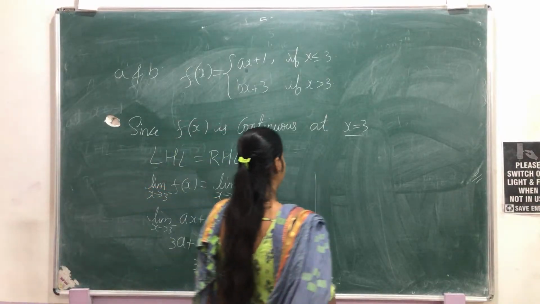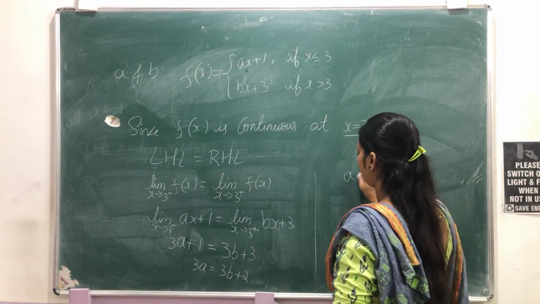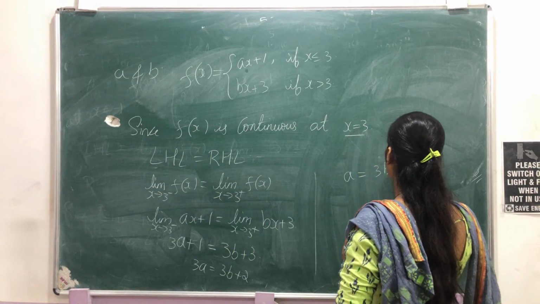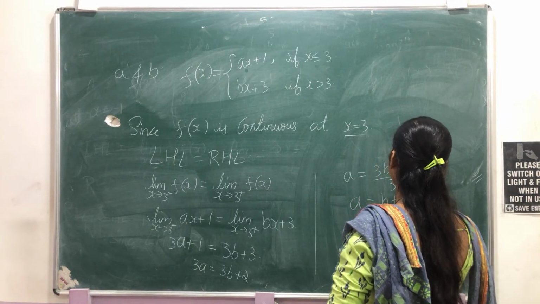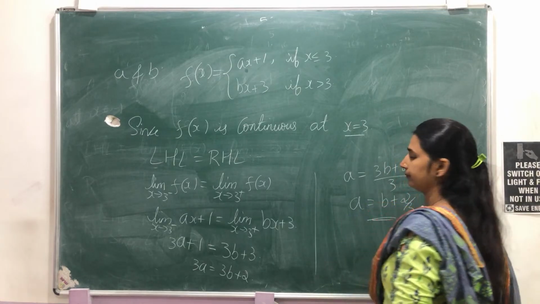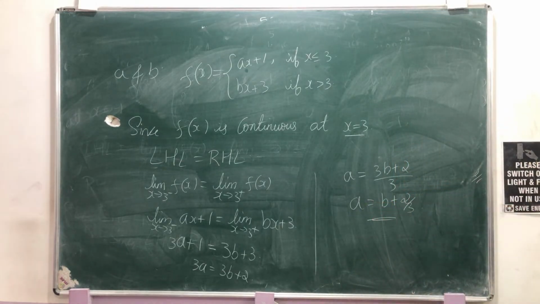What is a then? Everything will be divided by 3, so a equals 3b by 3, the 3 cancels, so b plus 2 by 3. How are they related? a is equal to b plus 2 by 3, or b equals a minus 2 by 3.